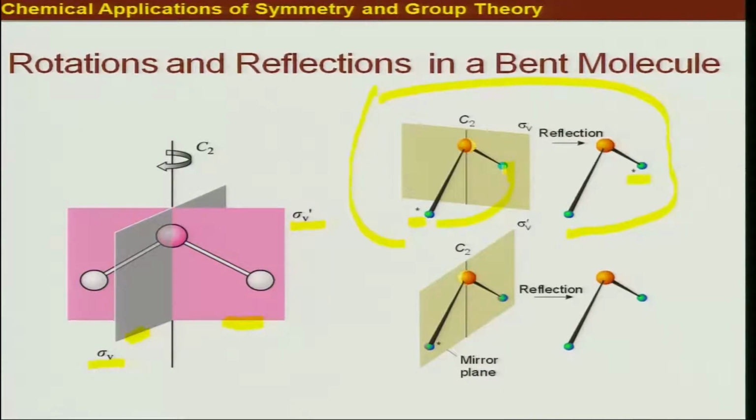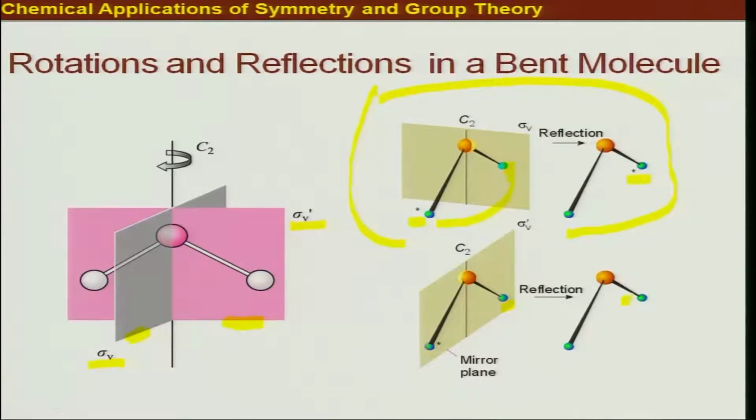Now if you have a sigma v acting there, which will cut this HOH angle into halves, then this star will be reflected here. For some reason the star is not being shown up, so the star will be somewhere here. Now you can see that this sigma v and C2 produce the same result.